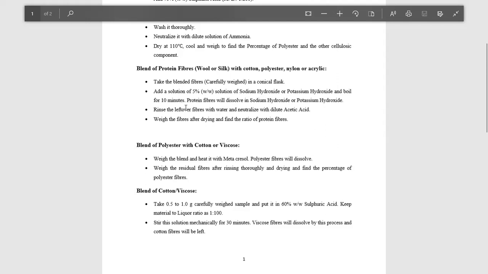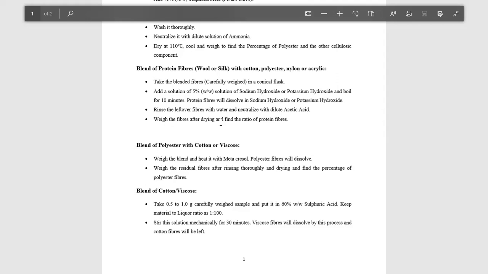Rinse the leftover fiber with water and neutralize with acetic acid. Weigh the fiber after drying and find the ratio of protein fiber. In this experiment, we only add 5% sodium hydroxide or potassium hydroxide to the blended fibers.